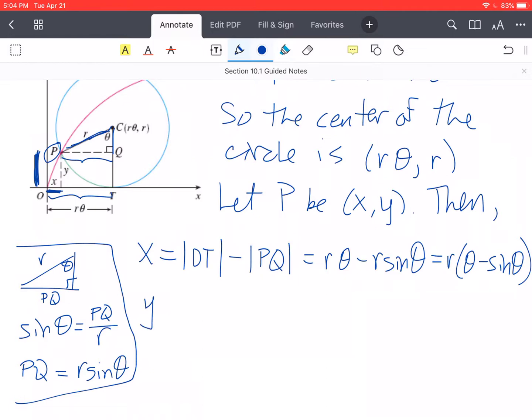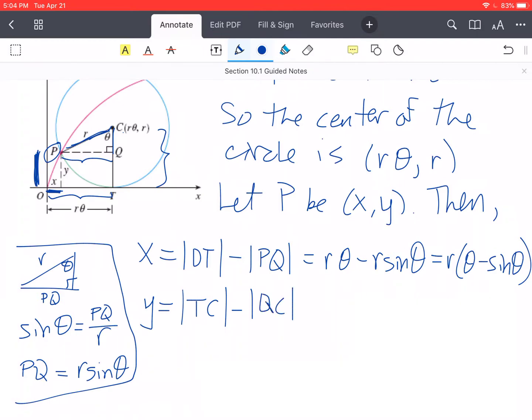And then the y value is going to be the same length as TQ. So it's going to be this whole piece minus this piece. So we're going to take the whole thing and subtract off the smaller part. So that's going to be TC minus QC.